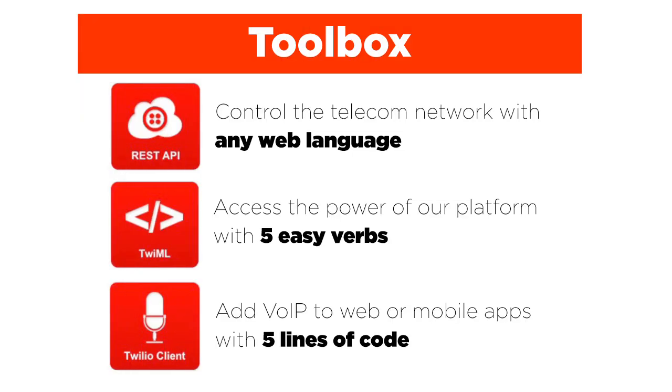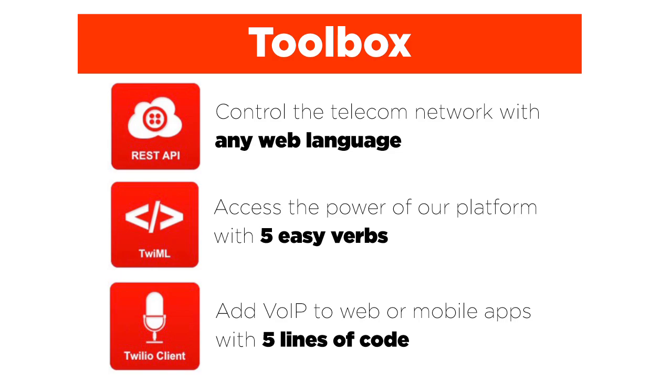The Twilio toolbox consists of 3 tools primarily. The REST API itself, which developers can use to initiate a phone call, for example, or send a text message. Then we have the Twilio markup language, or TwiML, which developers use to tell our server what to do when certain events occur, when a phone call comes in, for example, or when a short message comes in, or at any other part of the life cycle of the communication.